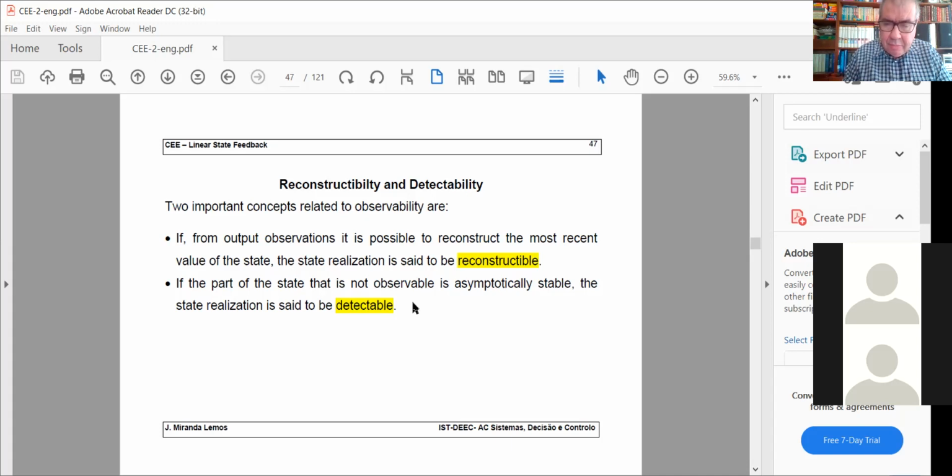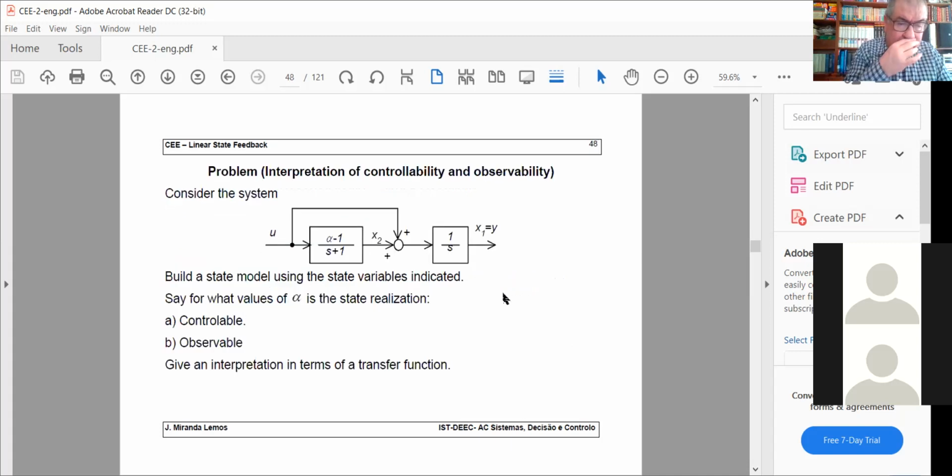In practice, this is important, because if you know that your system is detectable, you can stabilize only part of the state, but the part that you cannot stabilize because you cannot measure, you know that it goes to zero by itself. So this is the notion of detectability. Okay, these are complicated names at first approach. Don't bother too much with them. Little by little, you will get acquainted with them. So let's see one example.